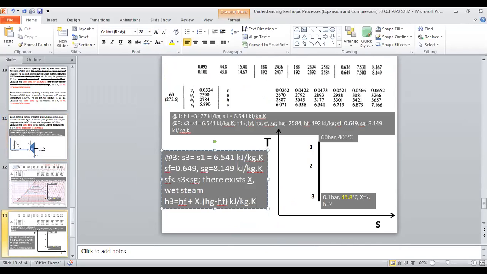Yes, you can get this one. Then your X value, that is only the X value. So how to calculate X?